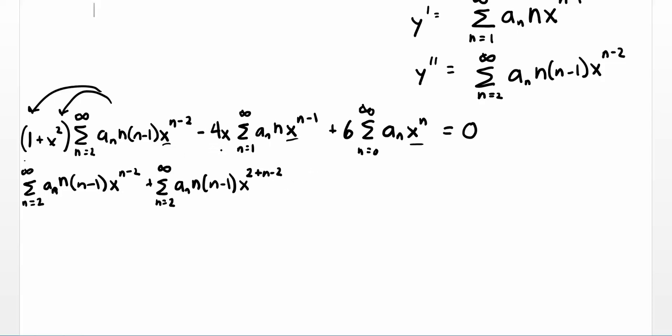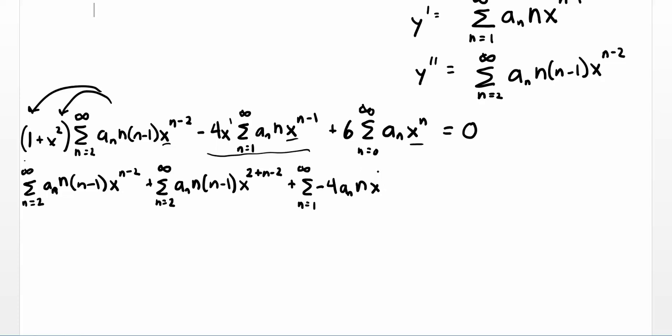Same thing with this third series now. Plus the series from n equals 1 to infinity. And this becomes negative 4 a sub n times n x. Okay, now we're multiplying x to the first times x to the n minus 1.